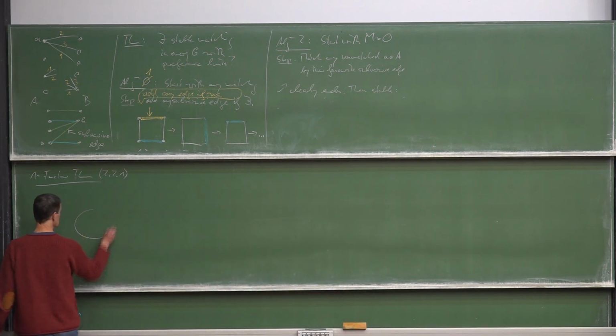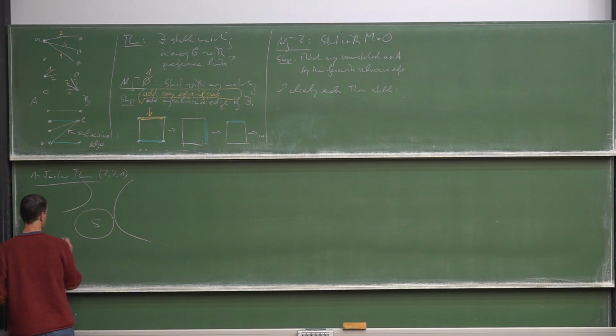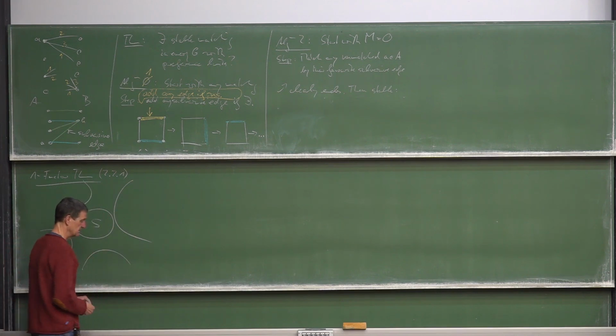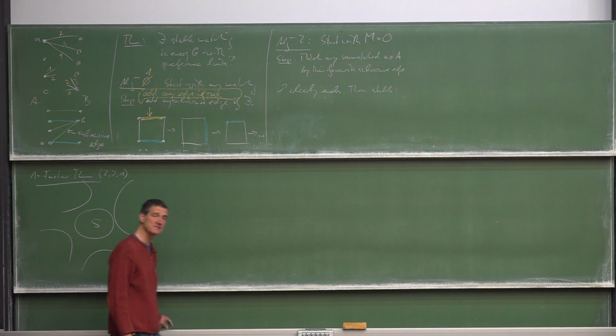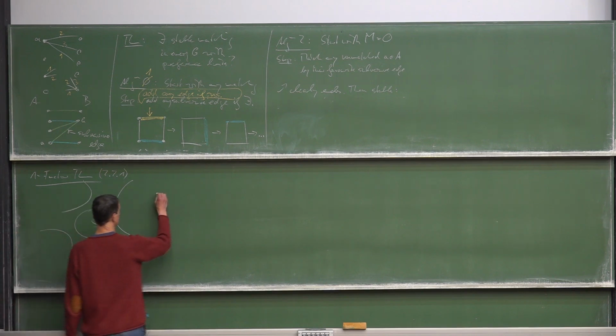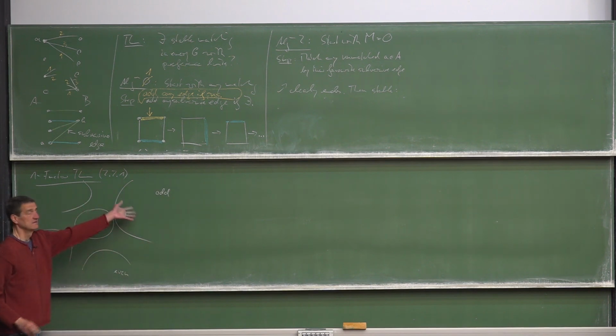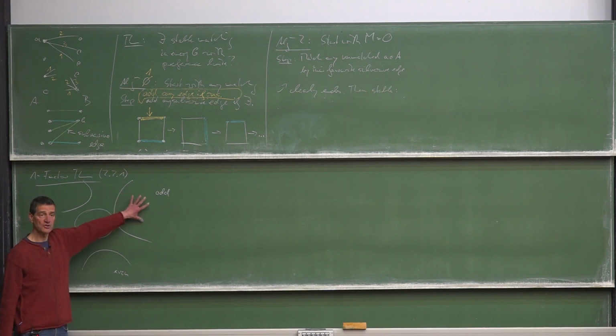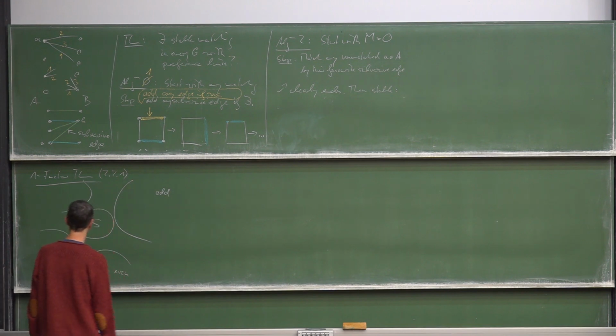Okay, so here's an obstruction. Consider any set S of vertices in the graph. That splits the graph into some components. Some of them have an odd number of vertices, they're called odd components. Some have an even number of vertices, they're called even components.